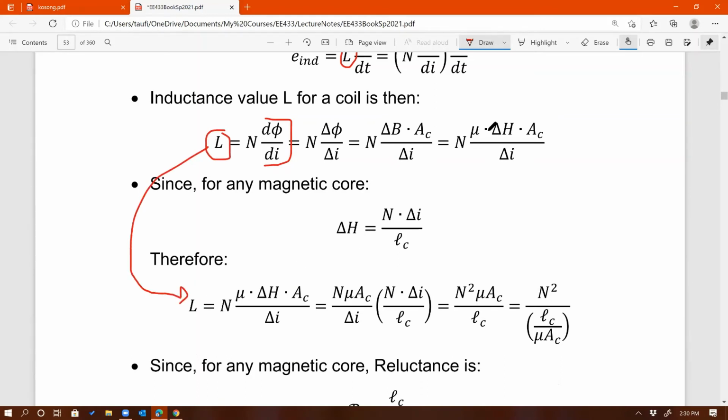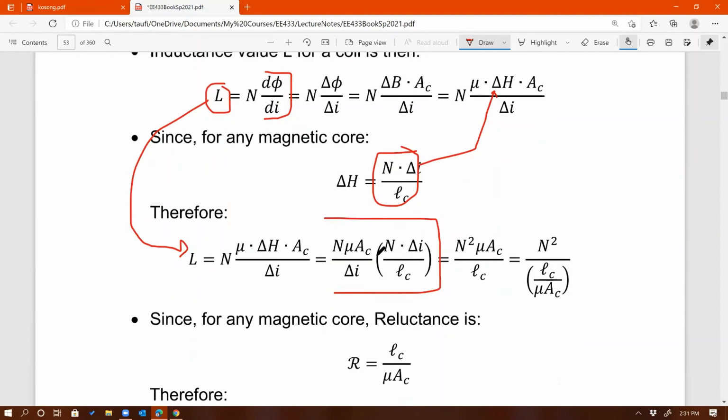Starting from N mu delta H A over delta I, now I'm going to replace delta H right here into that equation. So then I get this new equation right here, right? And then if you look at the equation, you should be able to simplify. You can see delta I cancels, right?